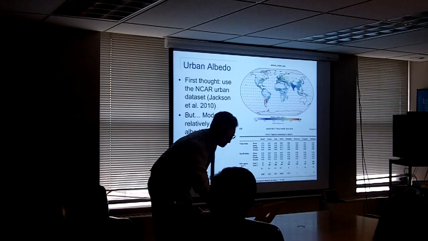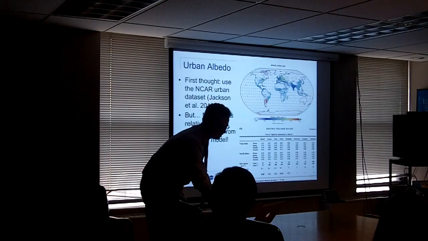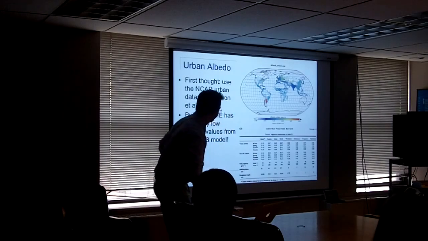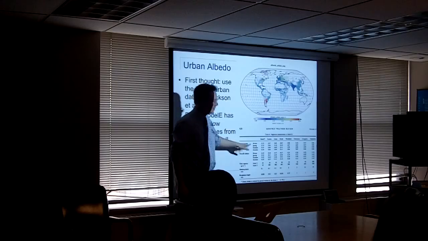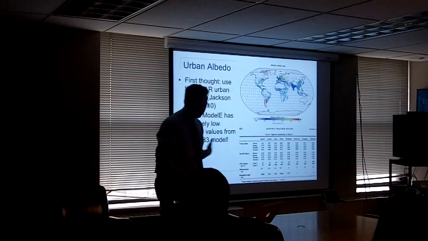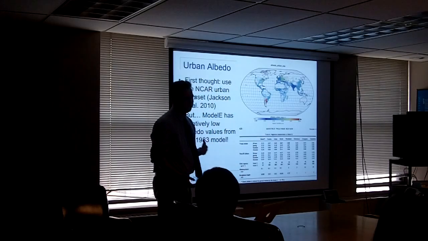Well, that was a problem, because when we went and looked at the albedo values for vegetation in the Model E, this is from the 1983 Jim Hansen paper, I know it's small, but the point is all of these albedos are somewhat biased small compared to observations.